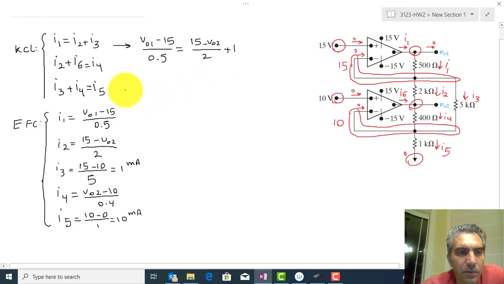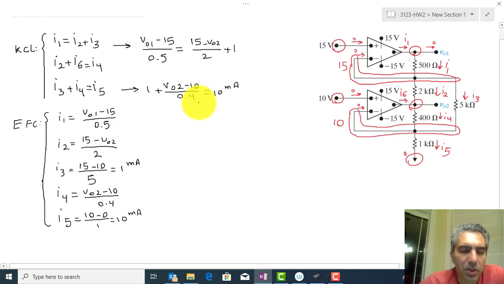And from this equation, I3, which is 1, plus Vout2 minus 10 divided by 0.4 is equal to I5, which is 10 milliamp.